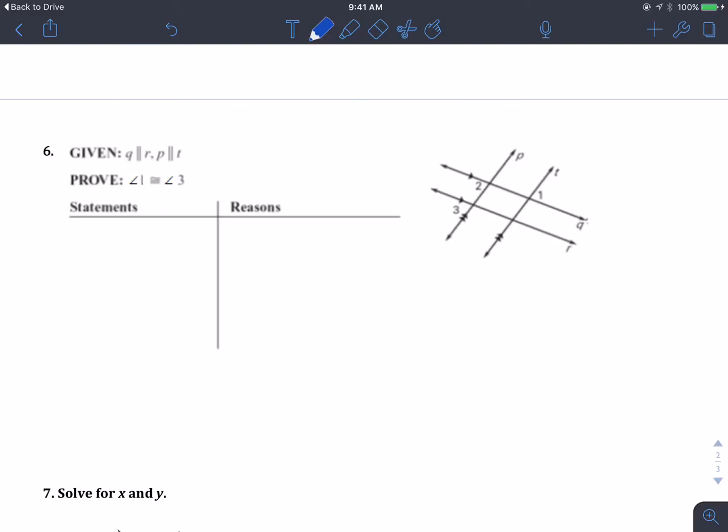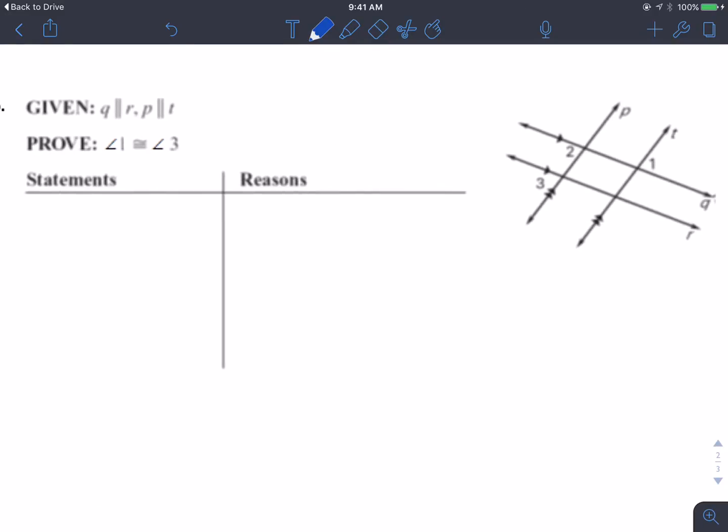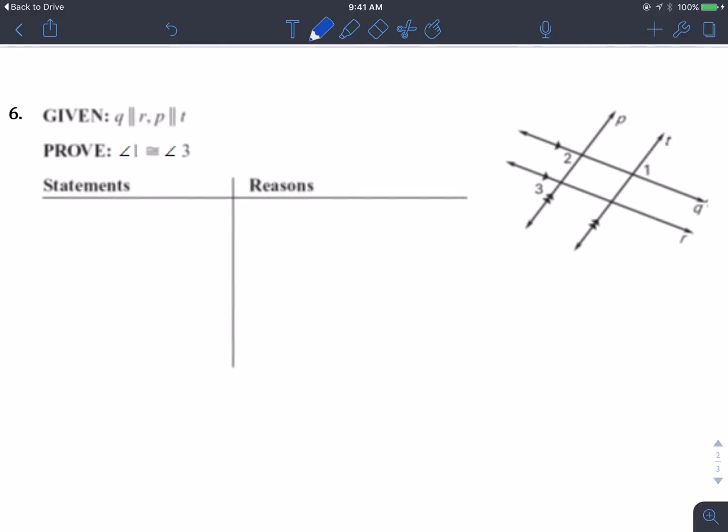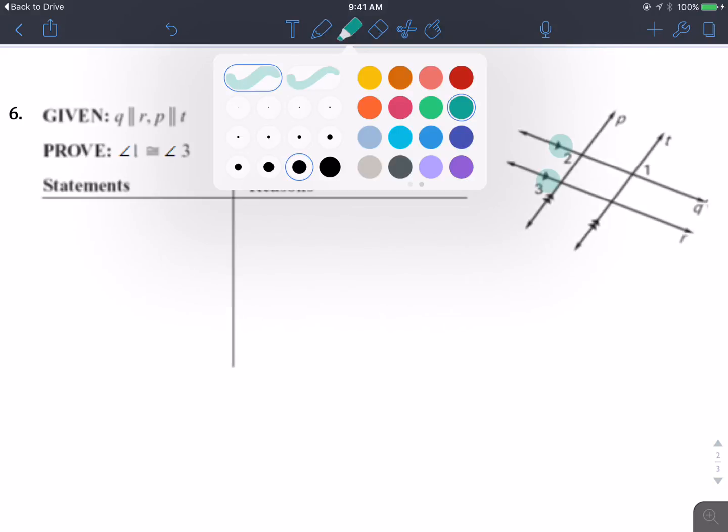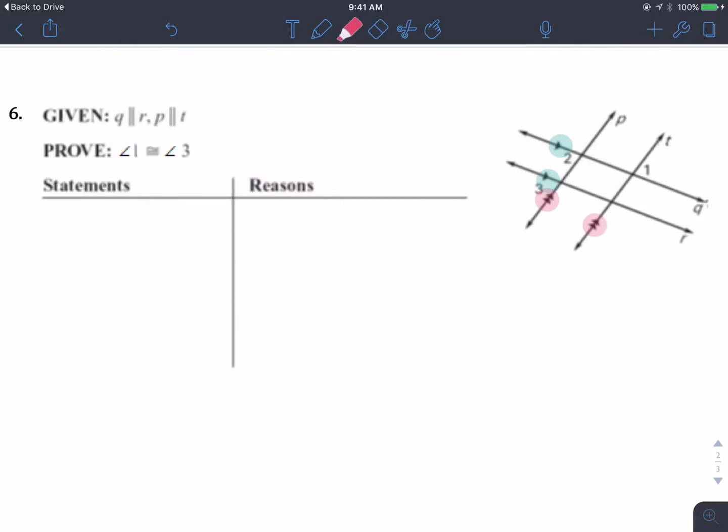But continuing on with question 6 from the test, we know that these two lines, Q and R, are parallel. We know that these two lines are parallel. And we want to prove that this angle 1 is congruent to this angle 3.